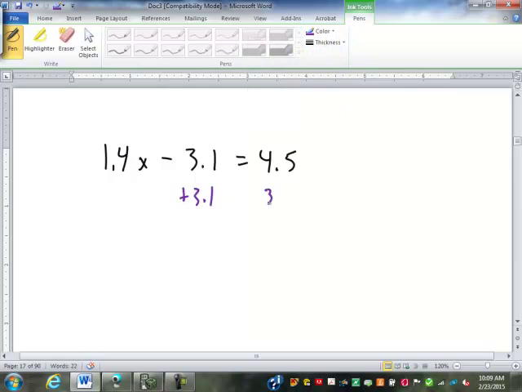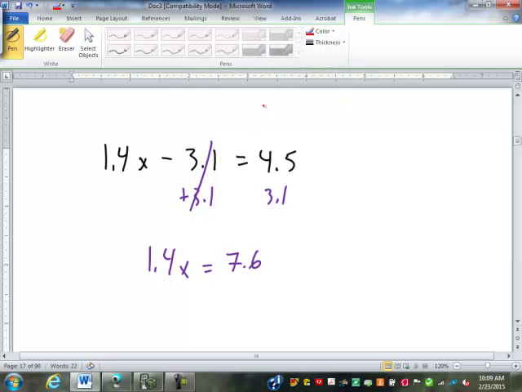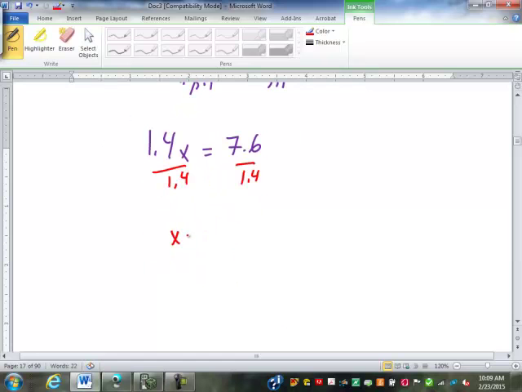Now, if you're working on the calculator, you can just use the decimal point, of course. So we've got 1.4x equals 7.6. And then we divide by 1.4. We end up getting x equals 5.42857143 approximately. Sound right?